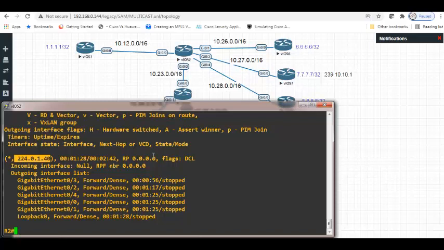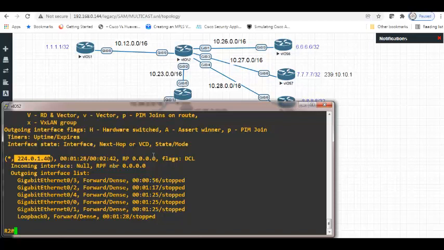The reason is there is a protocol called AutoRP. For AutoRP, this multicast address is needed. Anyway, we are not going to deal with AutoRP now. A long way to go. So we will see AutoRP later.